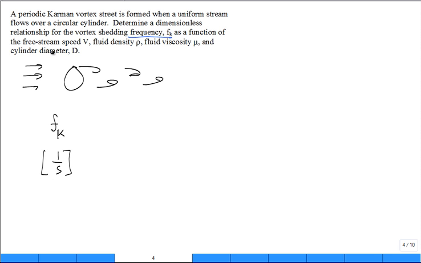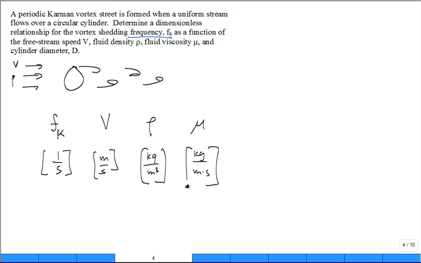A function of the free stream speed, v, meters per second, fluid density, rho, kilogram per meter cubed, and fluid viscosity, mu, kilogram per meter second, and the cylinder diameter, d, in meters.